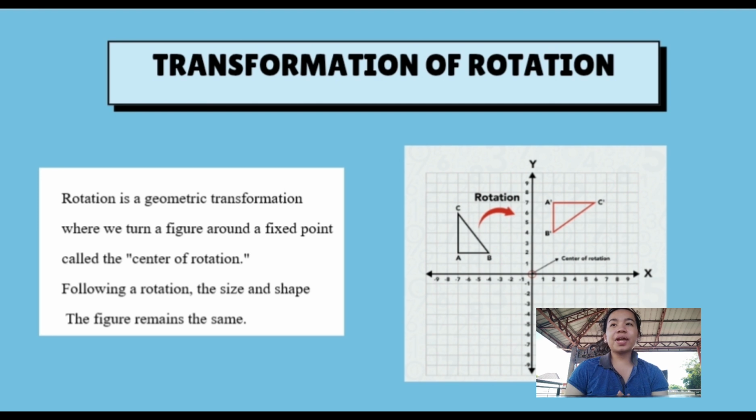Furthermore, the transformation that rotates each point and the shape a certain number of degrees around that point is called rotation, as we have mentioned earlier. The shape rotates counterclockwise when the number of degrees is positive and rotates clockwise when the number of degrees is negative.